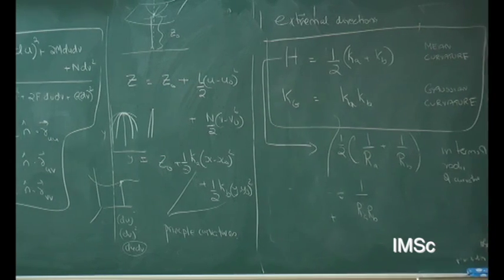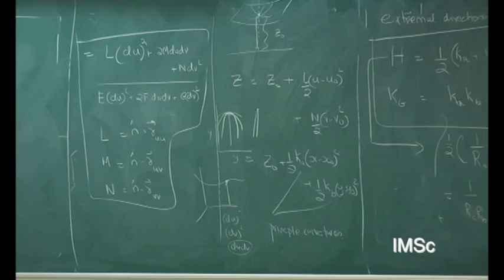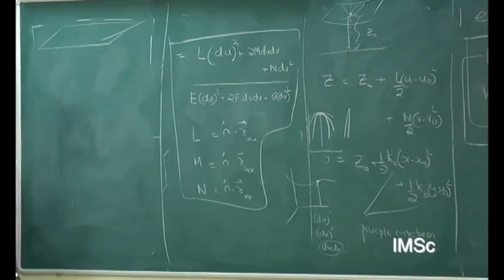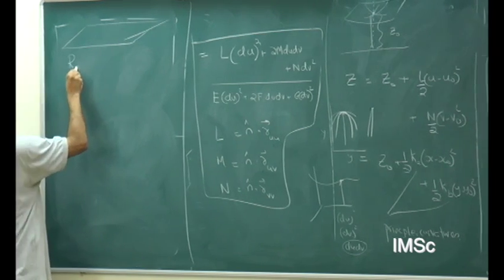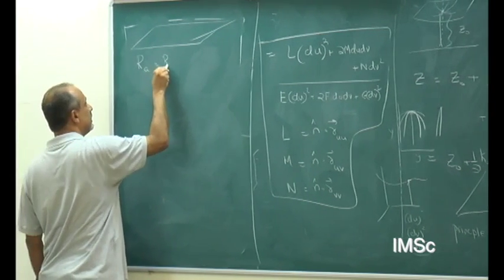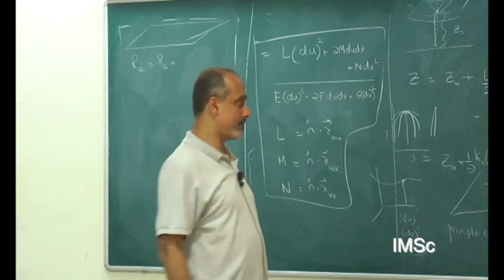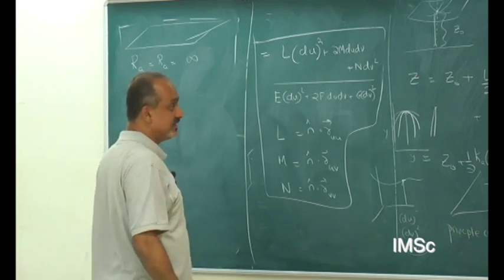Having done this, we can now do some simple examples. First of all, suppose I have something that is completely flat. Then the radii of curvature are both infinity, which means 1 by infinity is 0.